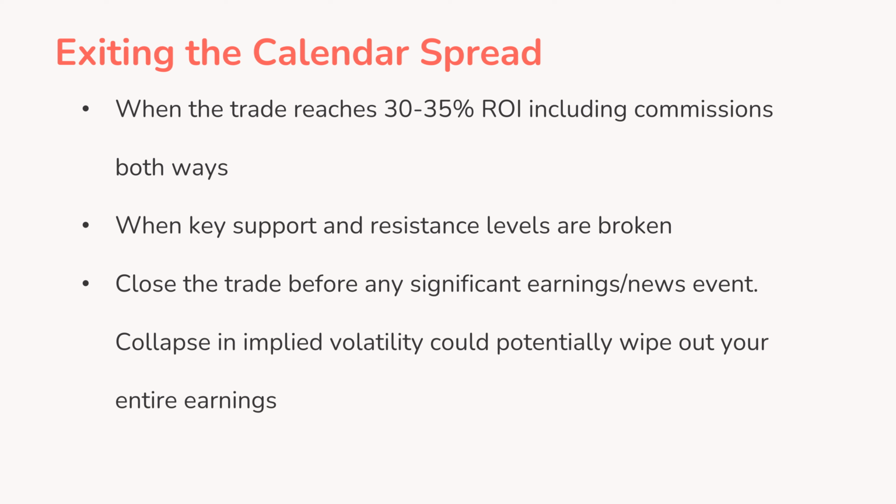Remember, there is a spike in implied volatility for both legs in the calendar spread because of the earnings or news event. When the earnings and news are released, your implied volatility will collapse. Even though you are short the nearer dated volatility and long the further dated volatility, you might think that the impact will net off.